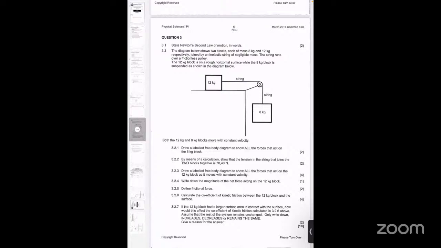The string runs over a frictionless pulley. The 12 kg block is on a rough horizontal surface, while the 8 kg block is suspended as shown in the diagram below.